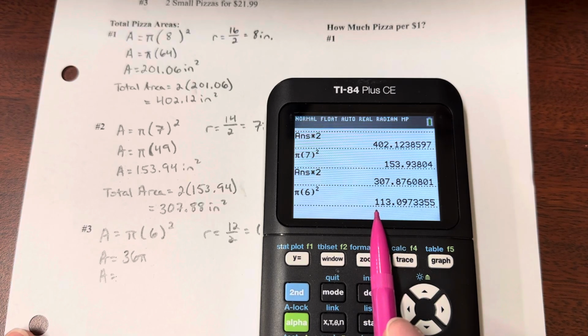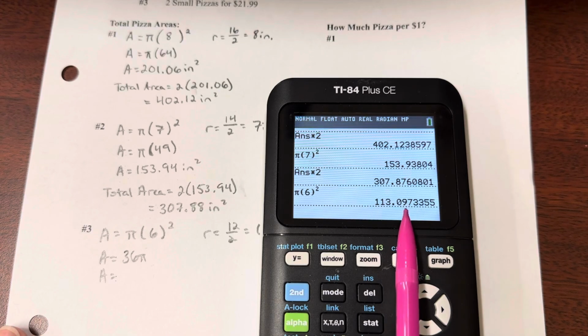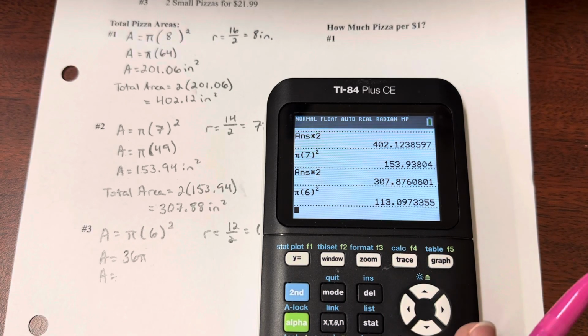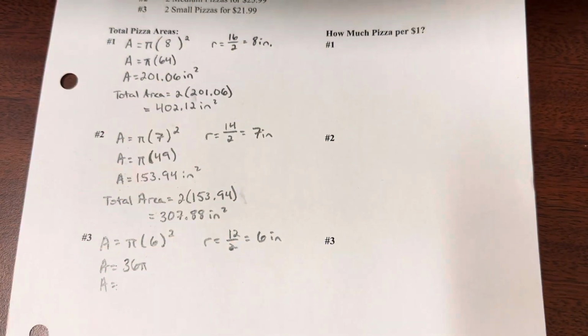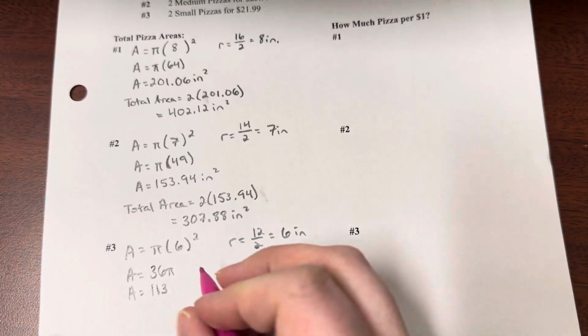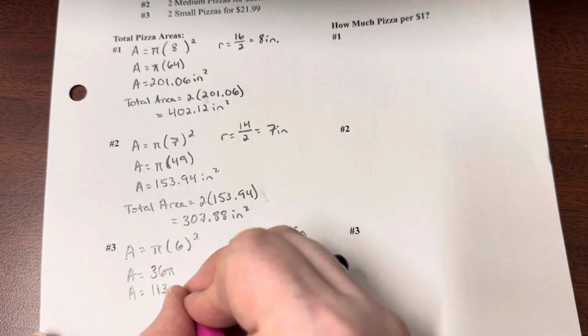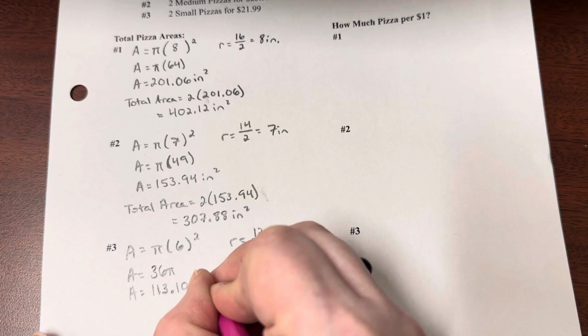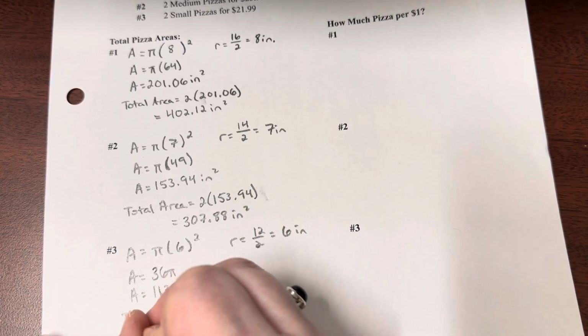All right, so about 113.10. The 7 would round the 9 up to a 10, and the 1 from the 10 would go into the 10th place. So 113.10 inches squared approximately. And again, total area.